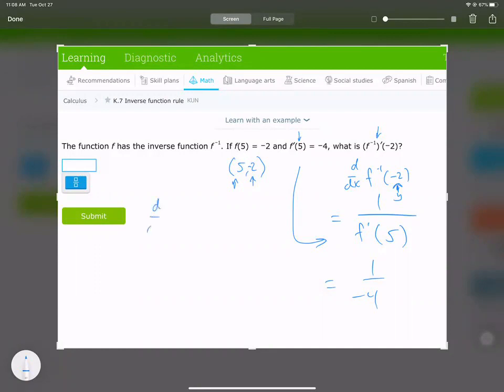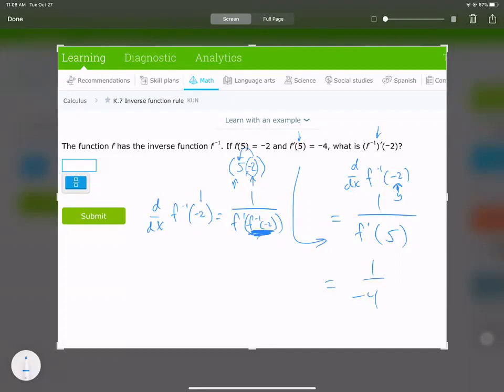The derivative of the inverse function is equal to 1 over the derivative of the inverse here. So please look at this value here. What is the inverse of negative 2? Isn't the inverse of negative 2 bring you back to 5? Right? That's what inverses do. It undoes my problem.